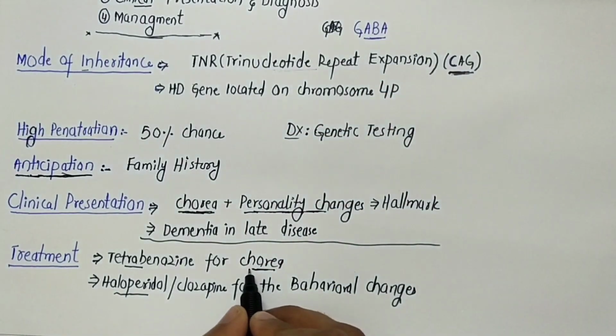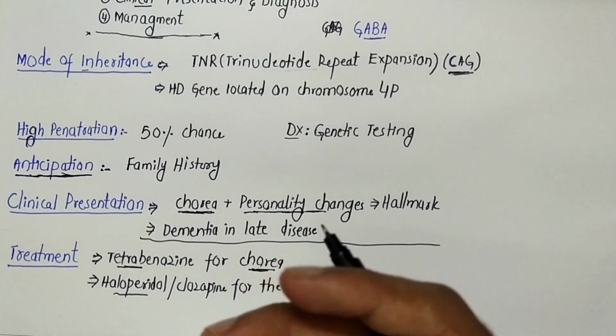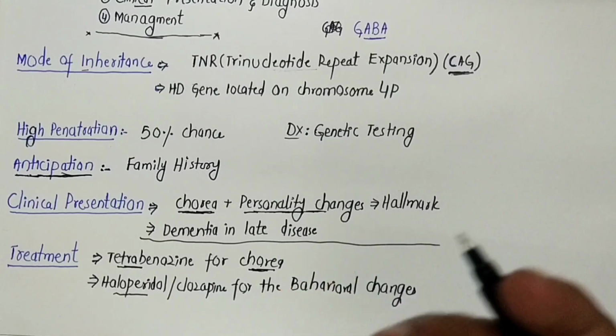For the chorea, the movement disorder, we give tetrabenazine. Its mechanism is that it depletes the excitatory neurotransmitters like dopamine and serotonin in the brain, enhancing the inhibitory signals.